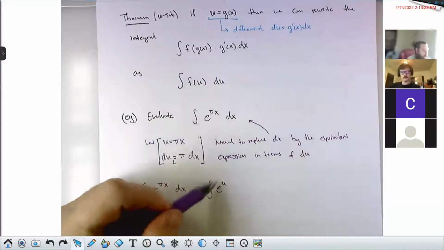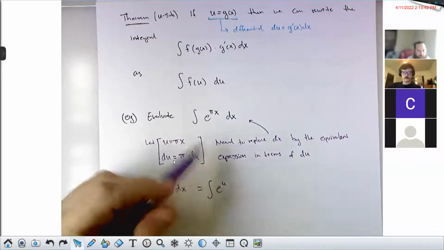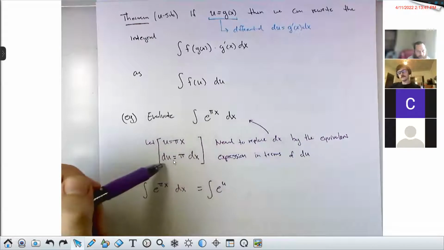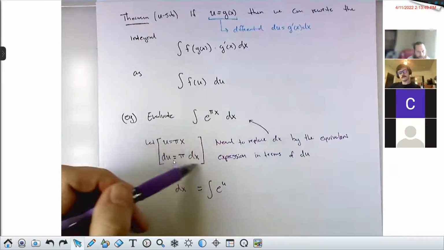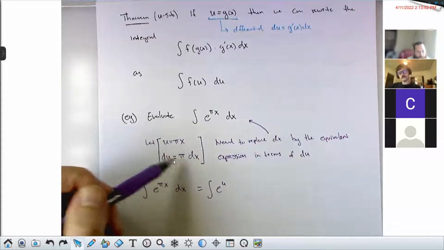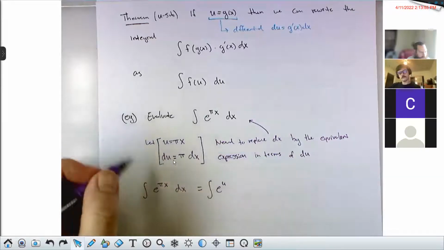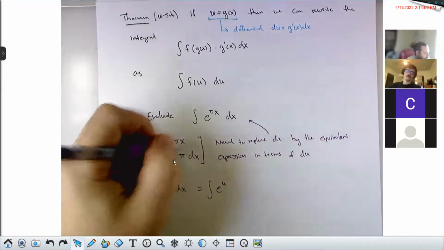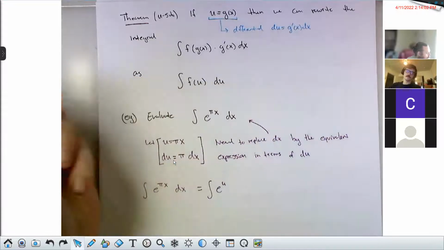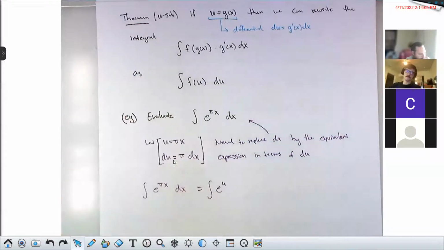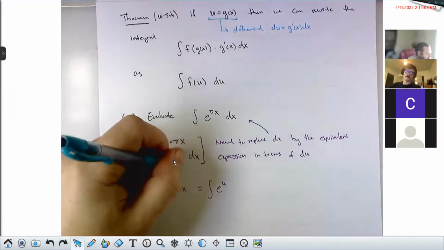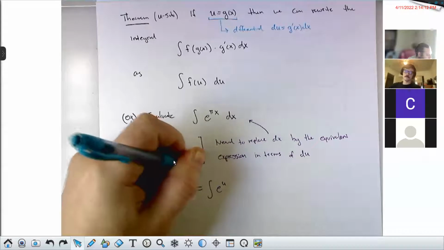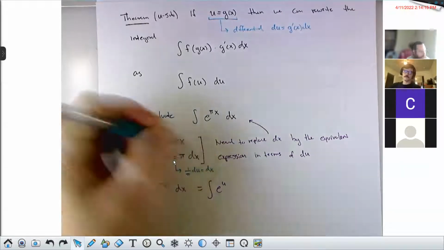If I'm going to integrate a function of u, the differential needs to be du. So the question is, how do I turn dx into du? And the answer is right here. du is equal to pi times dx, which means that 1 over pi times du is equal to dx.